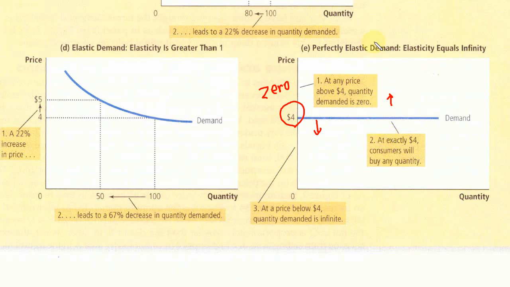In this case, we call this perfectly elastic demand. Understand? See that this is a left bow curve. So a left bow curve is when elasticity is greater than 1.